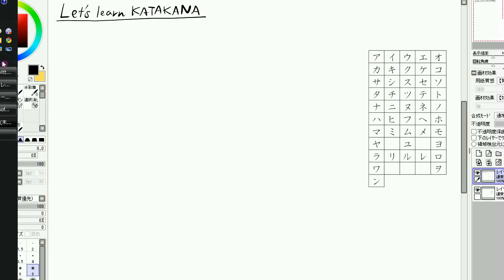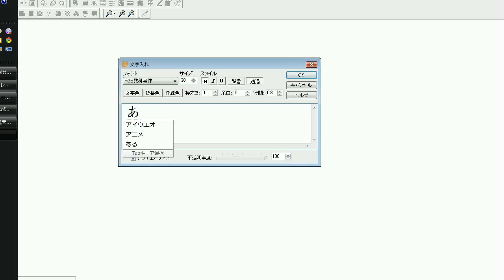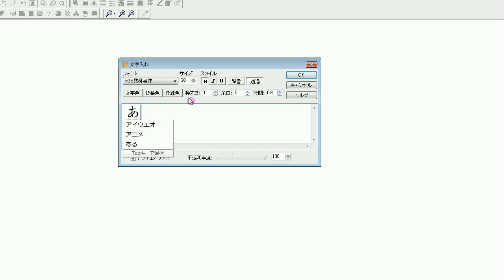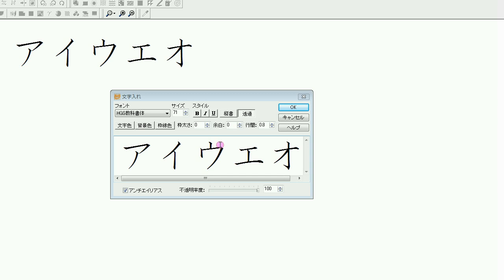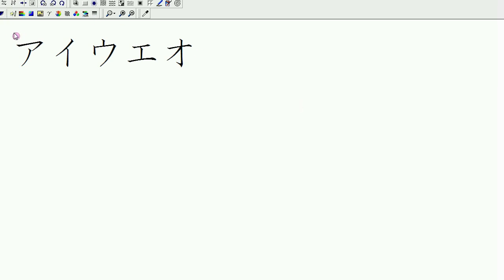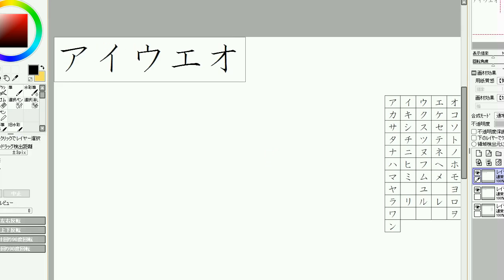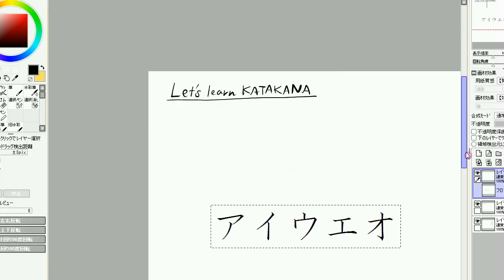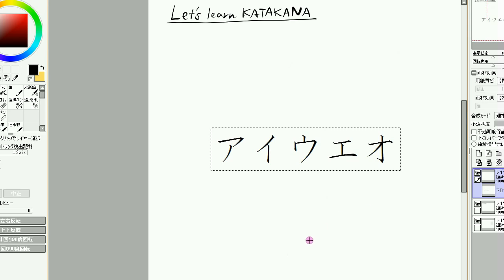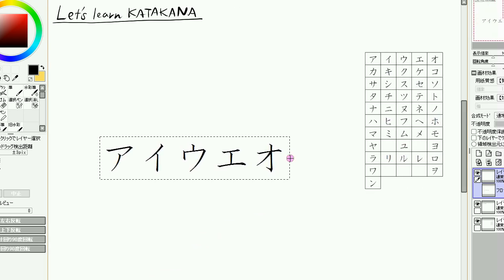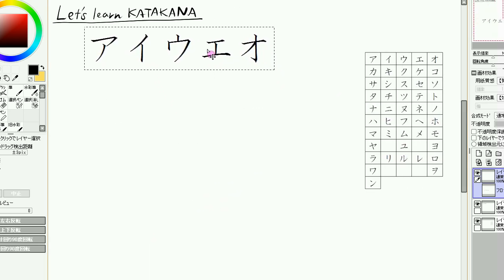Okay, let me type those 5 letters with another software because that one can't type. Okay, so these are the ones I typed.